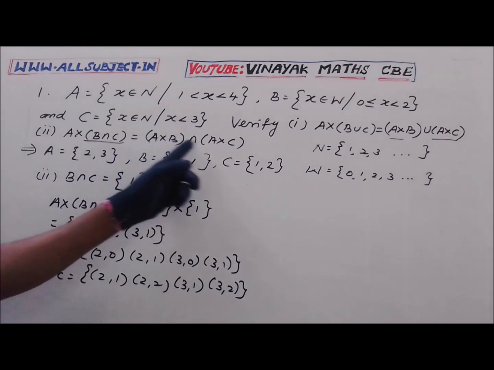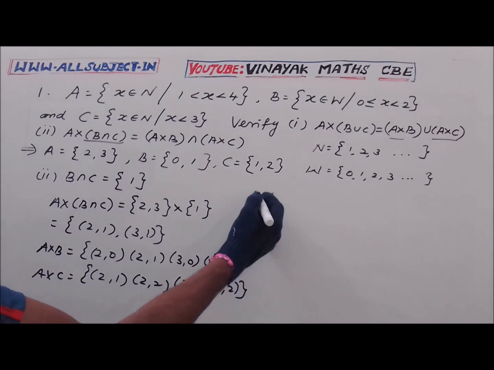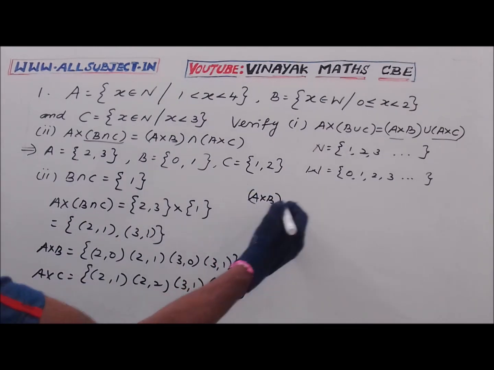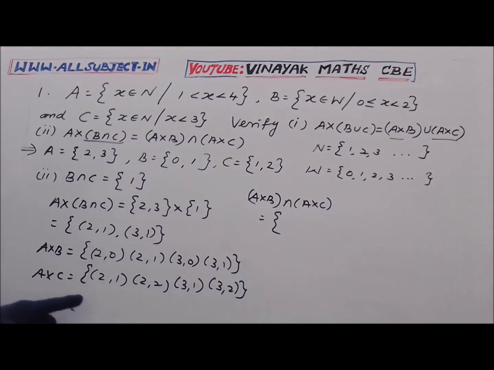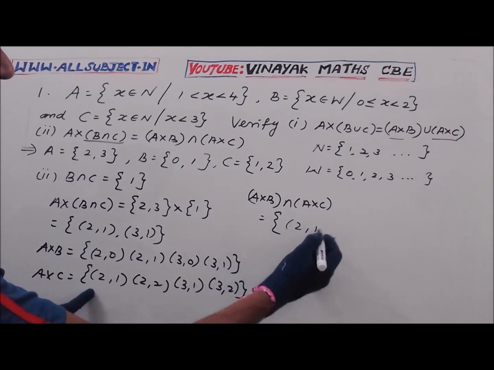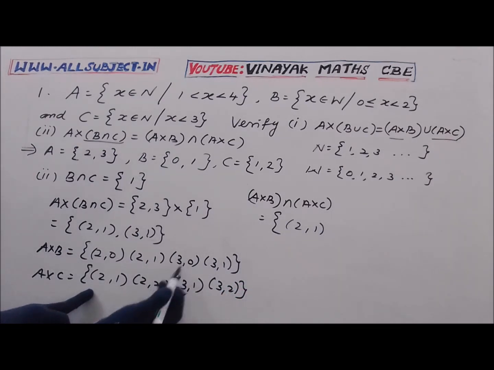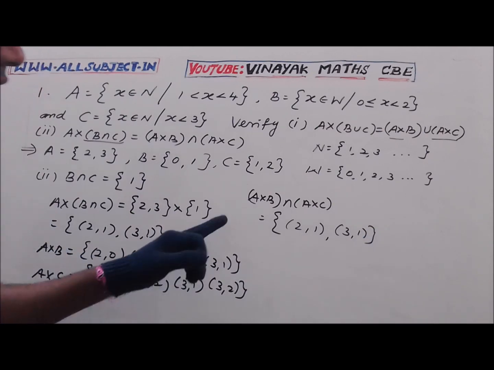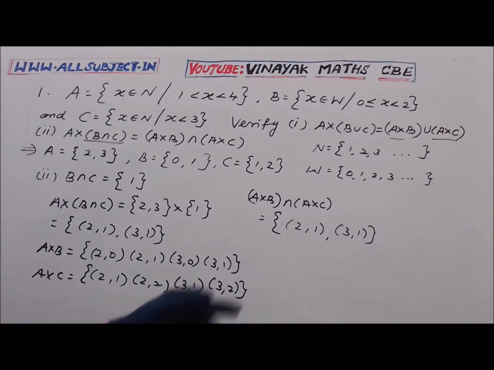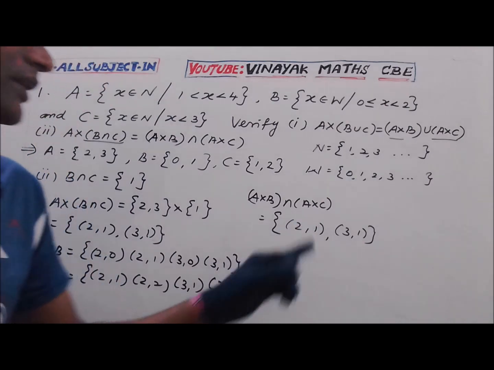Now we need the intersection of A cross B and A cross C. The intersection of these two means the elements which are present in both the sets. So (2,0) is not present here, (2,1) is present in both the sets. Then (3,0) is not present here, (3,1) is present in both. So from A cross B and A cross C, (2,1) and (3,1) are the common elements.